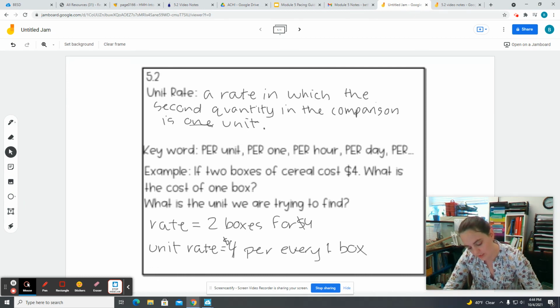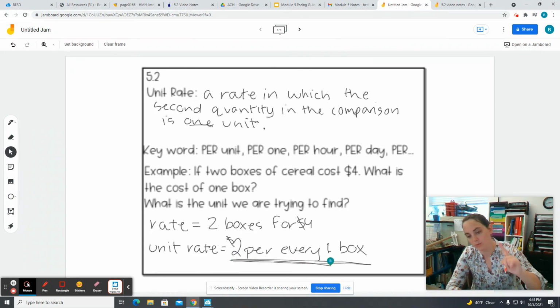Oh, mistake. You probably saw it already. Our unit rate is not $4 per every box because 2 boxes cost $4. So how much would it be per every 1 box? It would be $2. My mistake. So it'd be $2 per every 1 box. So this right here would be the unit we're looking for. We're looking for how much money per 1 box.